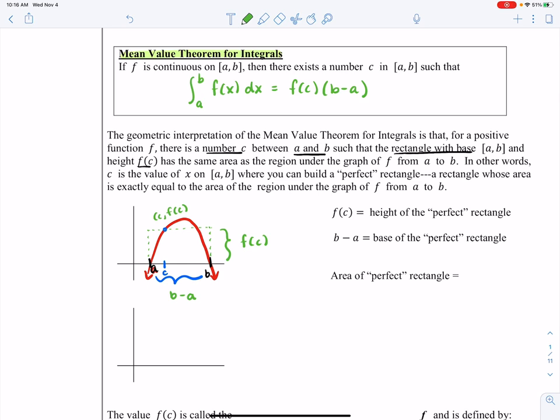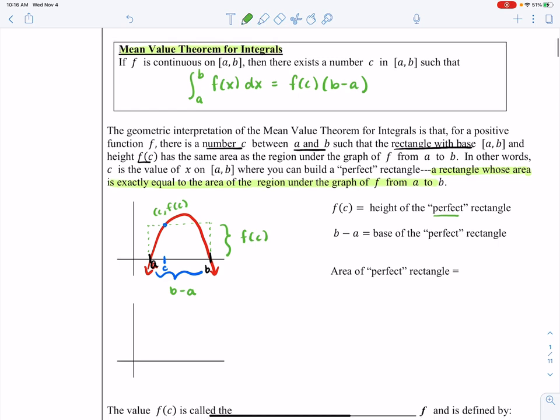Now we're going to call this the perfect rectangle. When I say a perfect rectangle, what I mean is a rectangle whose area is exactly equal to the area of the region under the graph. So if I set this up at the perfect spot, where here is a, here is b, the height of this thing is f of c, and the base is b minus a.